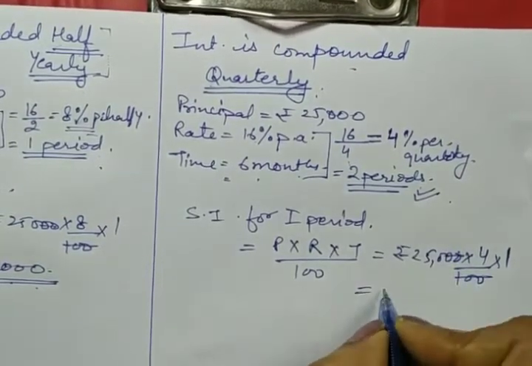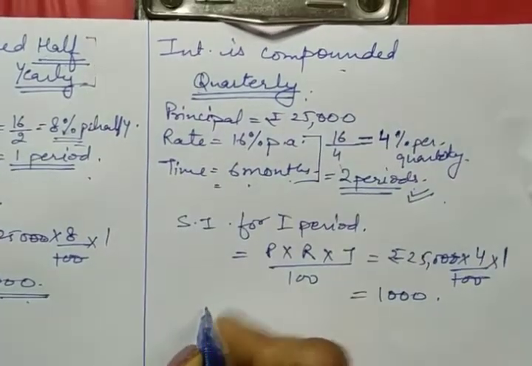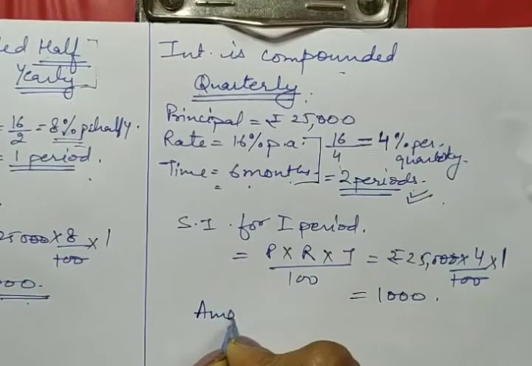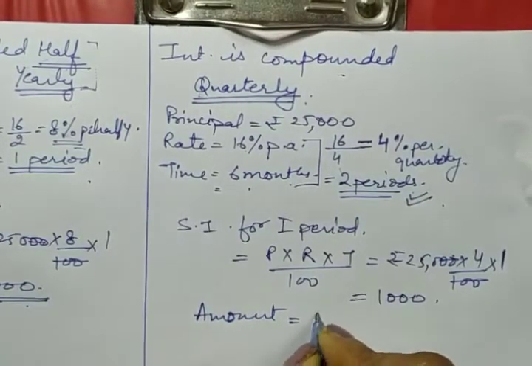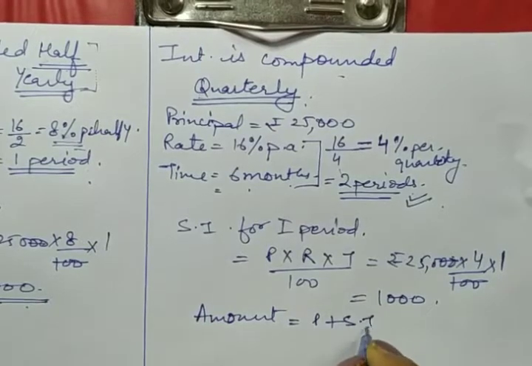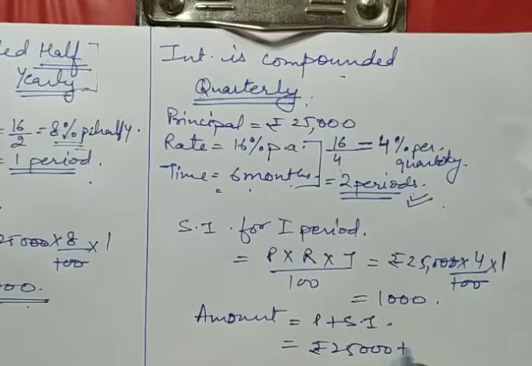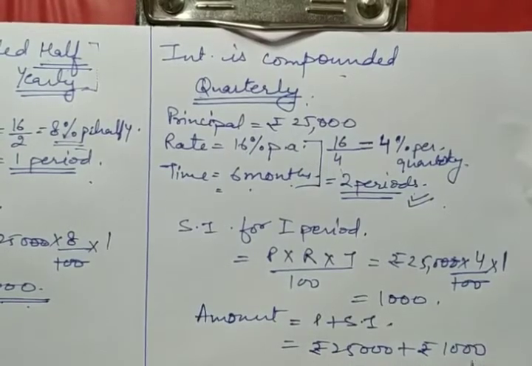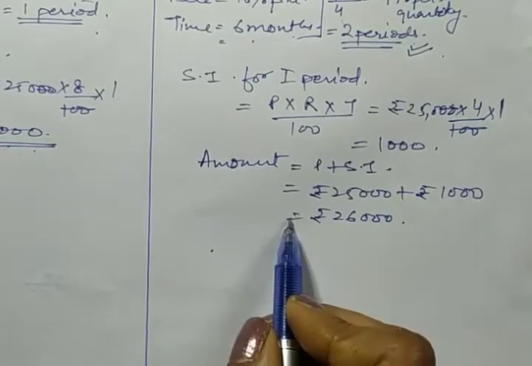So I got rupees 1,000. Now we have to find amount after first period, that is principal plus simple interest, that is rupees 25,000 plus rupees 1,000. So I got rupees 26,000 as the amount.